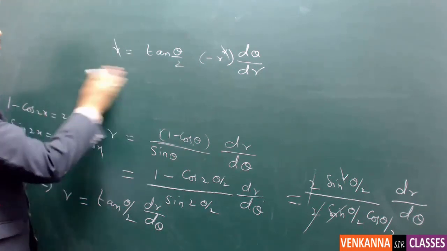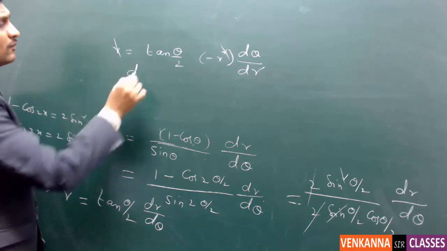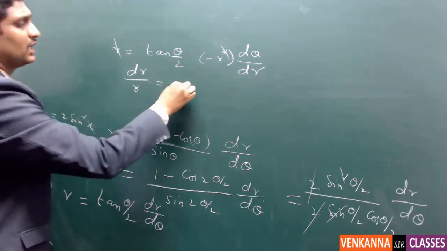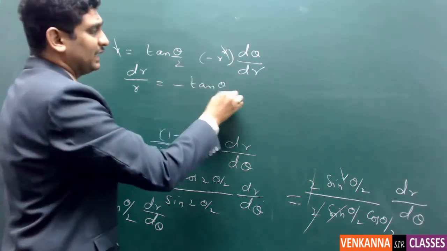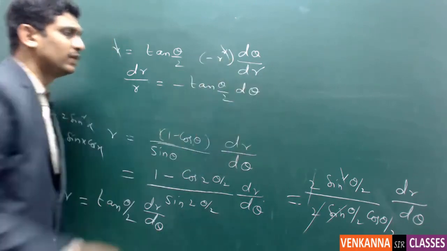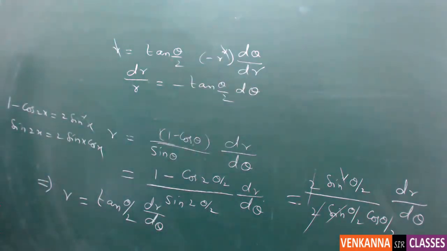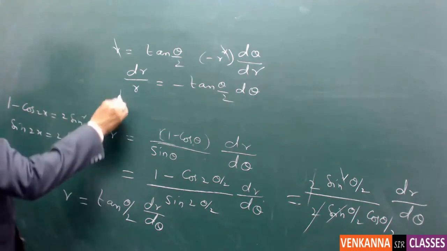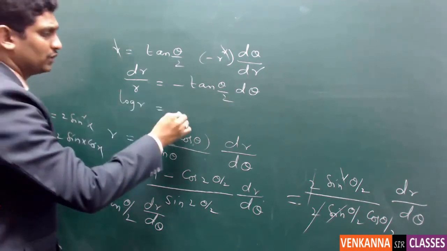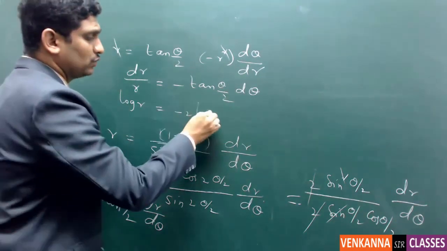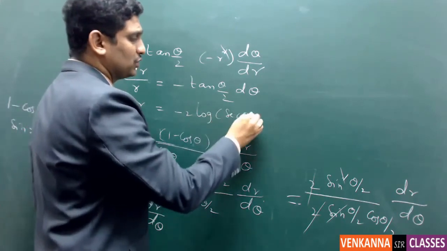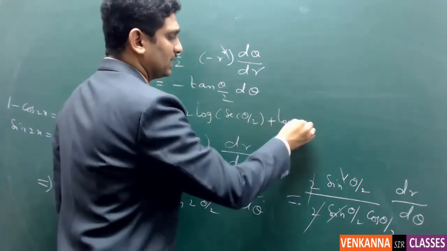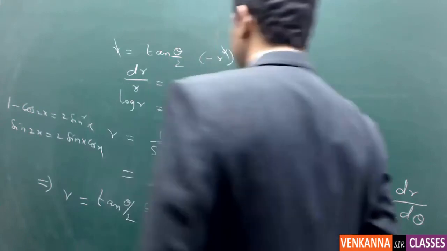So dr by r is equal to minus tan theta by 2 into d theta. Since it is variable separable, doing integration, log r is equal to minus 2 into log sec theta by 2 plus log c, you can take the integration constant.